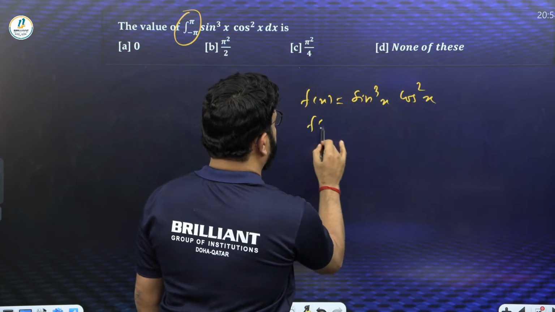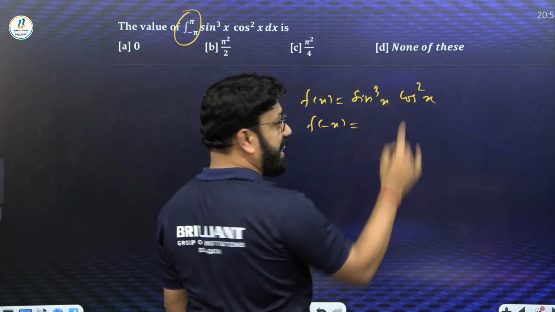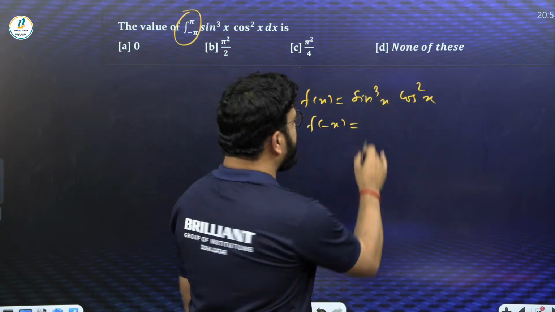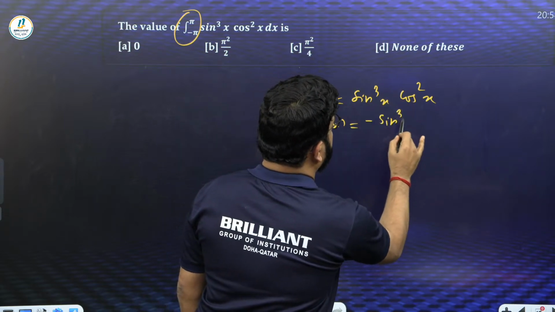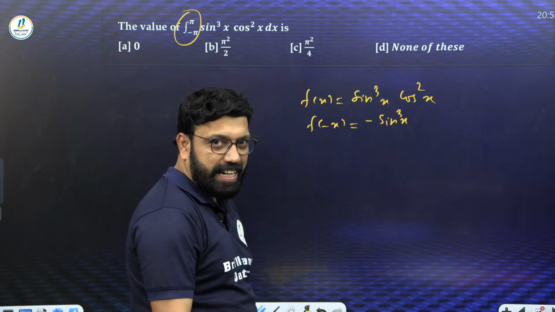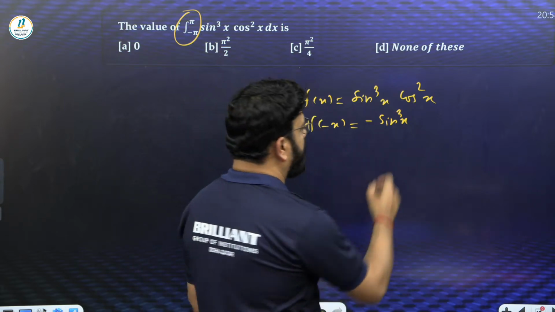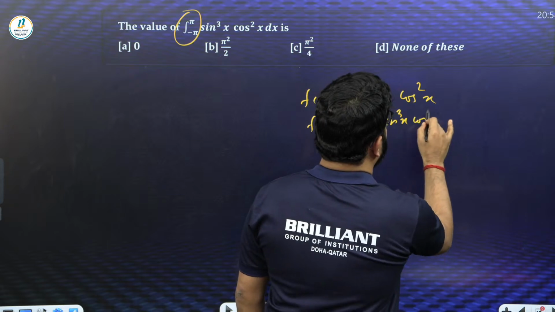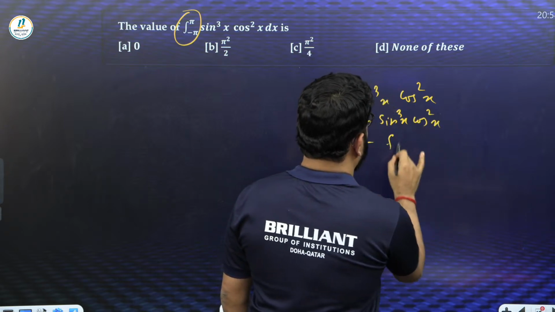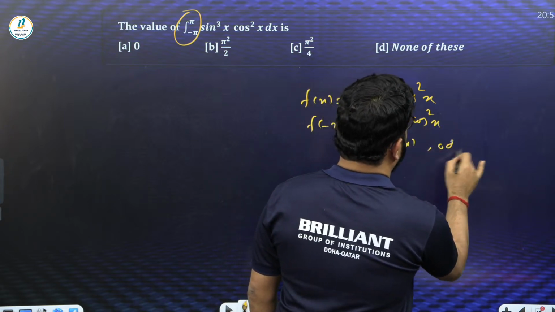Checking f of negative x: sine of negative x goes to minus sine, so minus sine cube x, and cos of negative x is cos x itself, square positive only. So it will come to negative f of x. Again, that's an odd function.